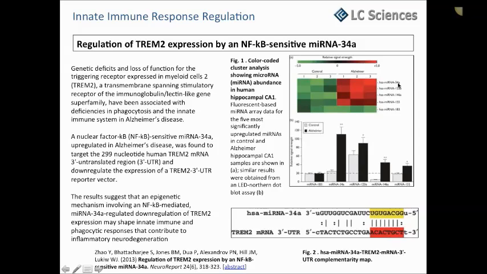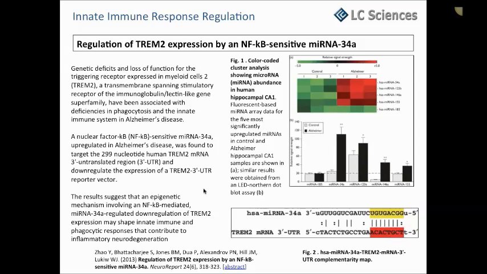So 34A, 125B, 146A, which is a very frequently discovered one, and 155 as well. And then pretty much as a control, 183, which doesn't change at all. And they've done this with microarrays as well as with northern blot, and it's a great agreement.